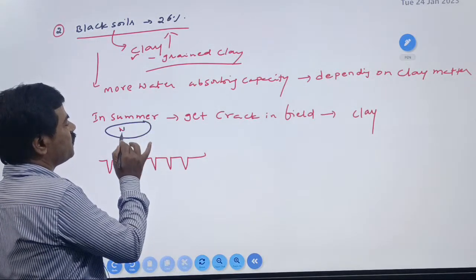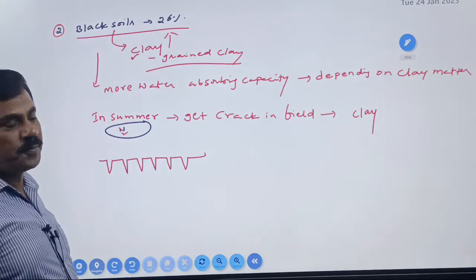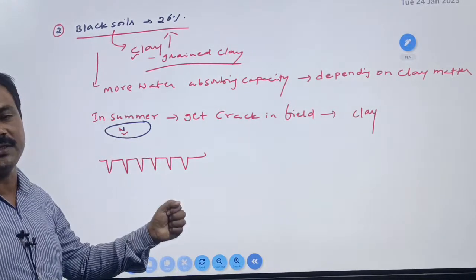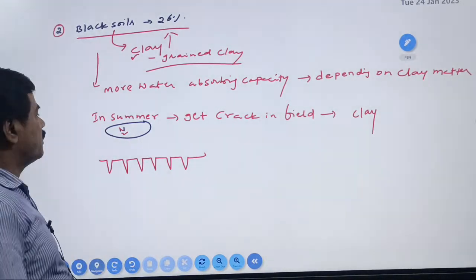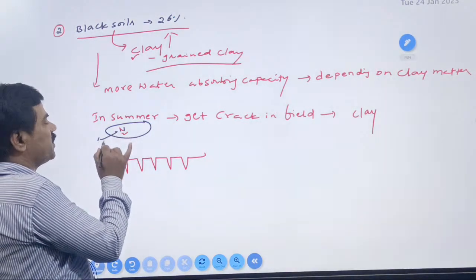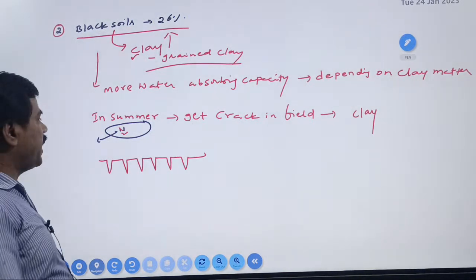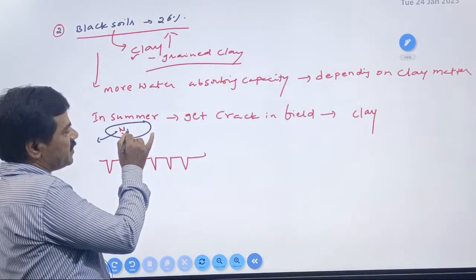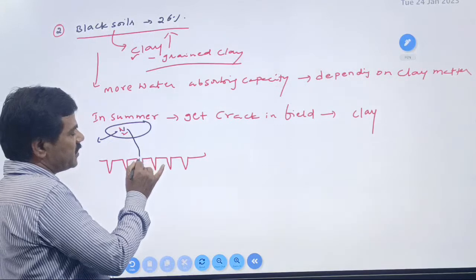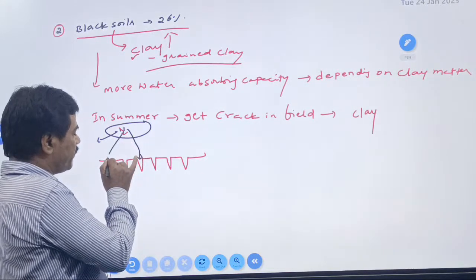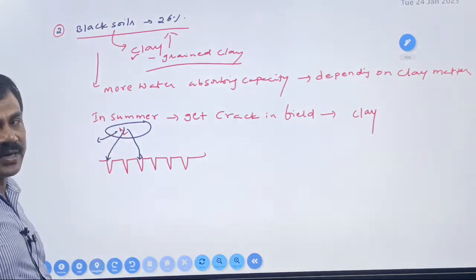In the hottest season, the major gas in the atmosphere is nitrogen. In summer, that nitrogen can enter the cracks by wind speed.